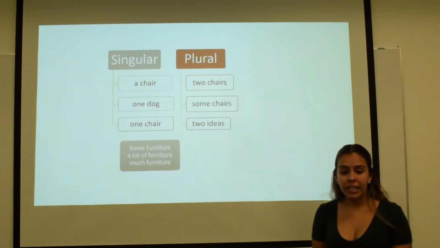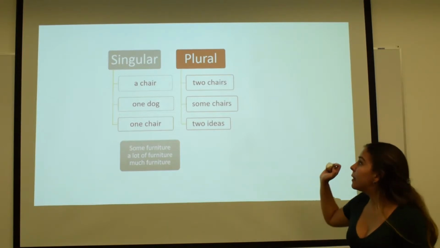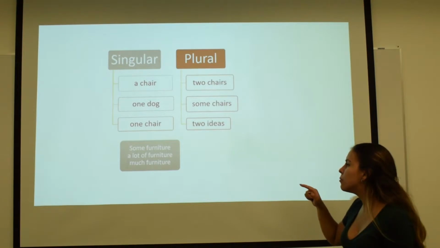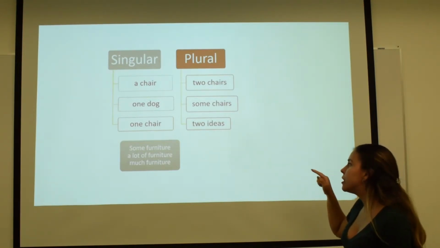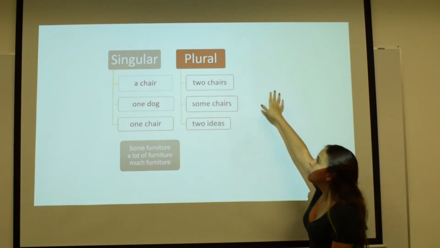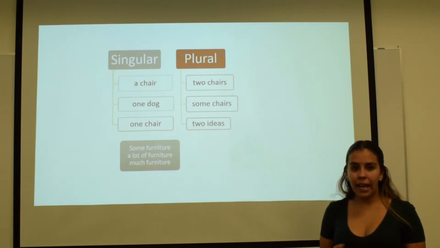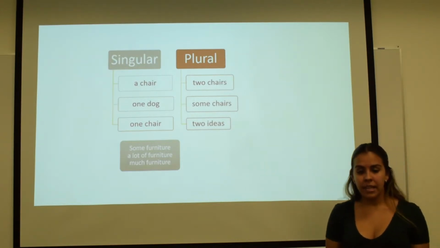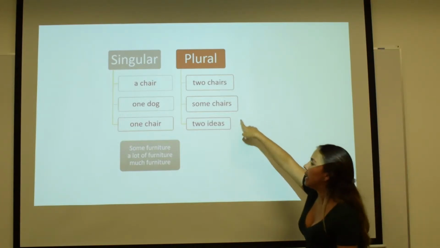Here we have count and non-count nouns. In the singular, we have a chair, one dog, one chair. For plural, two chairs, some chairs, two ideas. Here, count nouns may be preceded by a or an or one in the singular and take a final s in the plural, like here.